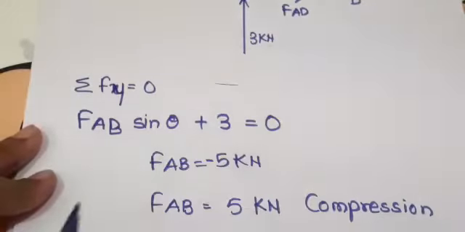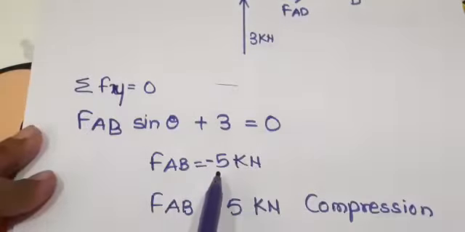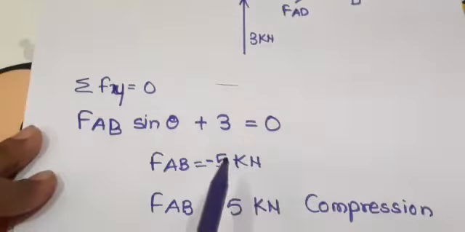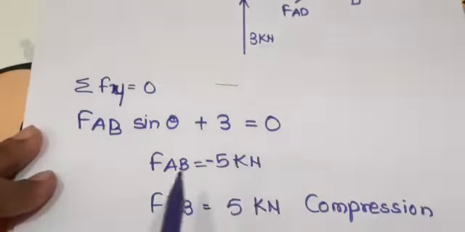From this we get the value of force in member AB is equal to 5 kilonewton and the nature of the force is compression. Why compression? Because we get the value as negative, meaning the assumed nature of the force in AB is incorrect, so the nature of force in AB is compression.